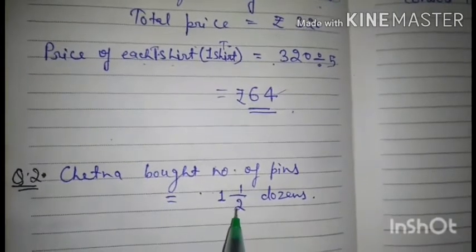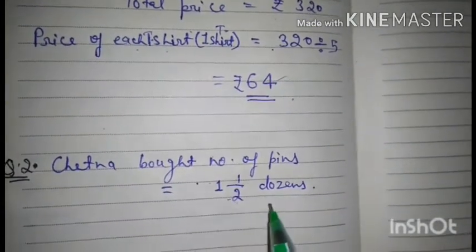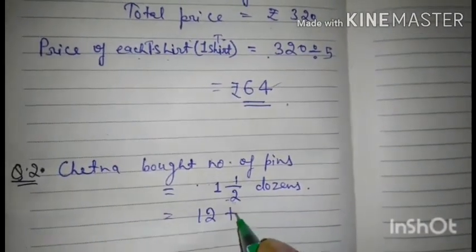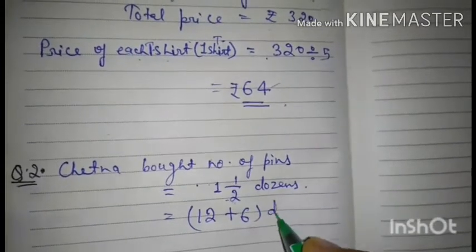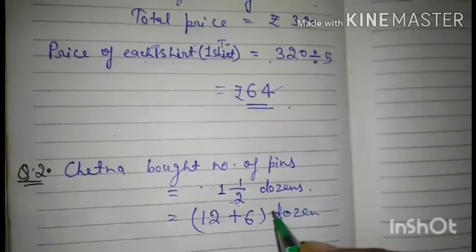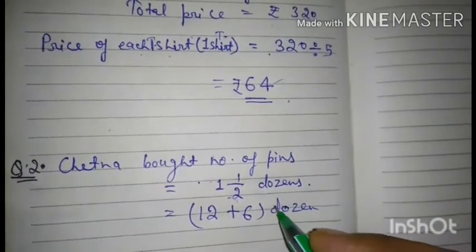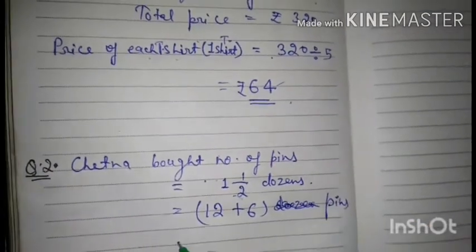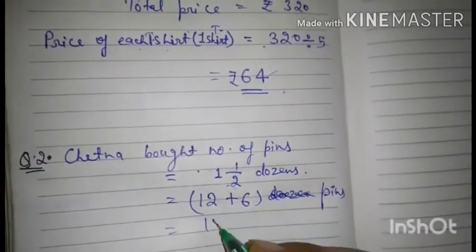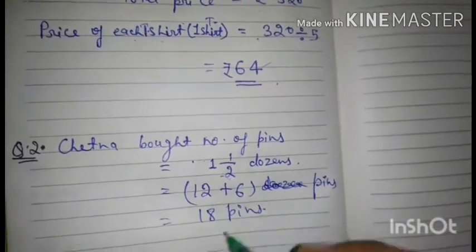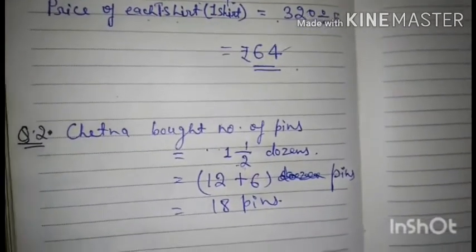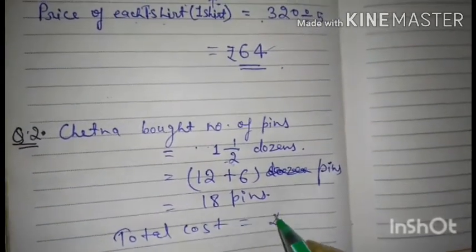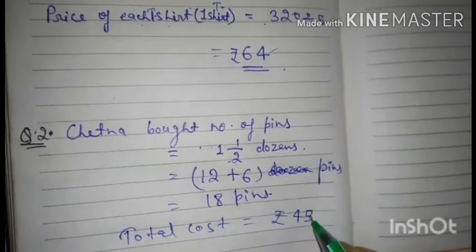So first find out the number of pins in 1.5 dozen. 1 dozen is equal to 12 and half a dozen is equal to 6. So 12 plus 6, that makes the pins. 1.5 dozen is 12 plus 6, 18 pins. The cost of 18 pins, total cost, is rupees 48.